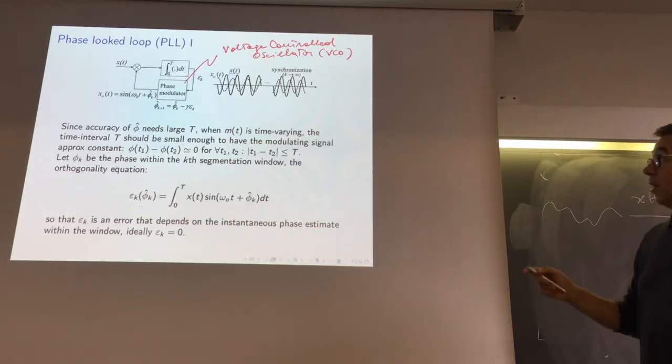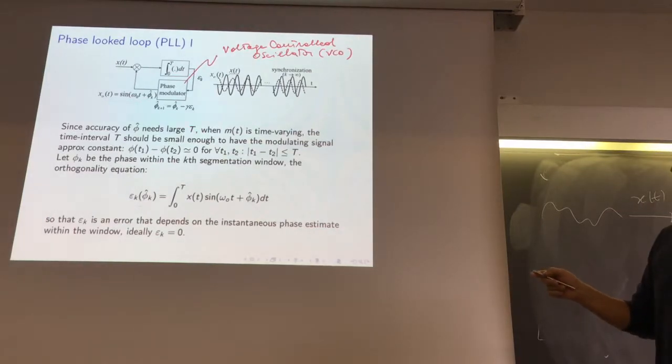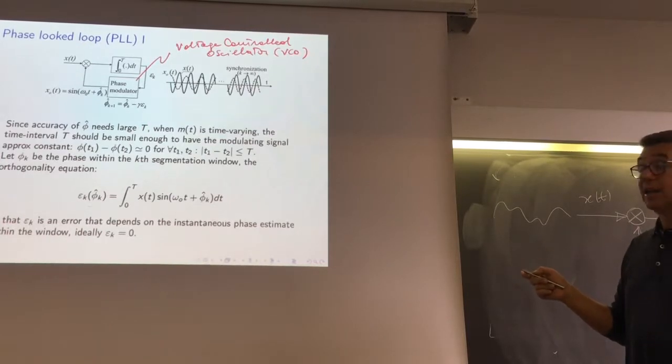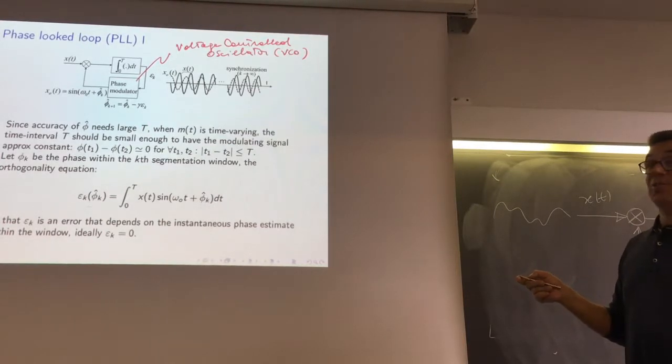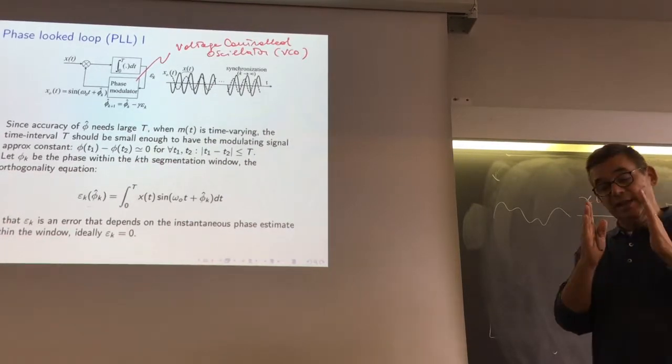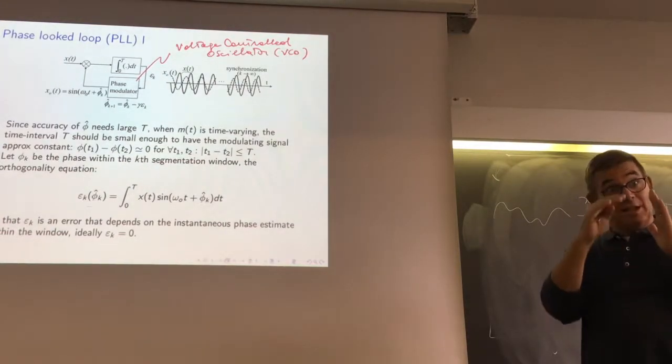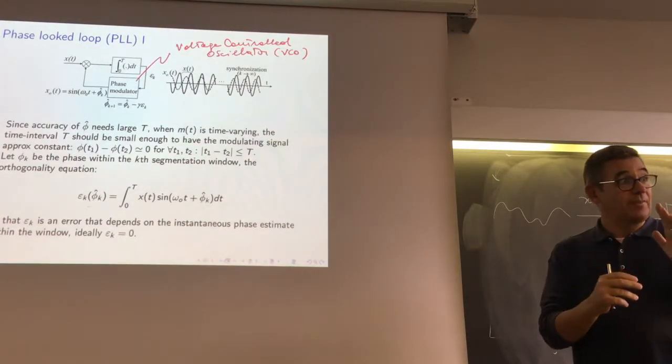Now, how does this one work? For accuracy, I need this T to be big. But I can't have that capital T too big, because I need to look at a time interval where the phase is not changing too quickly.